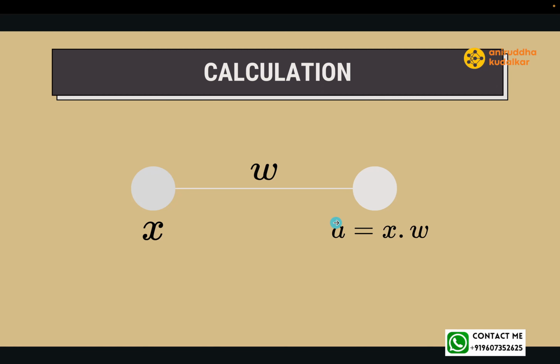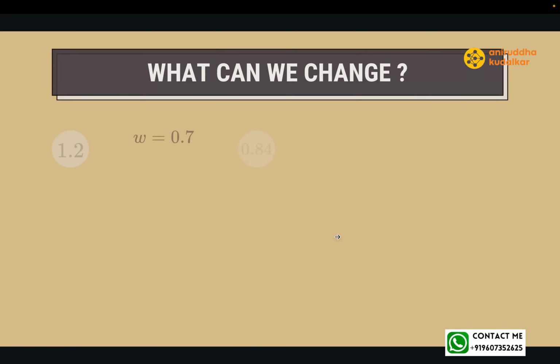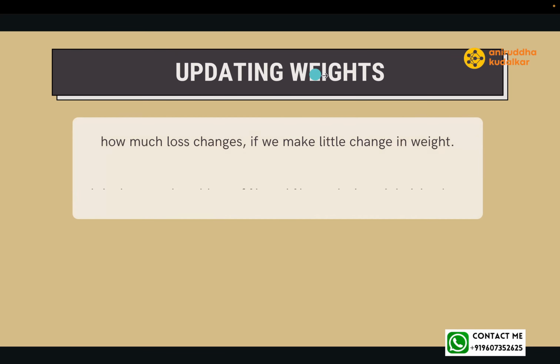So you cannot change A directly, and you cannot change X directly. Only one thing is changeable, and that is W. If I make a little change in W, how much would the activation change? And this is what updating weights is.